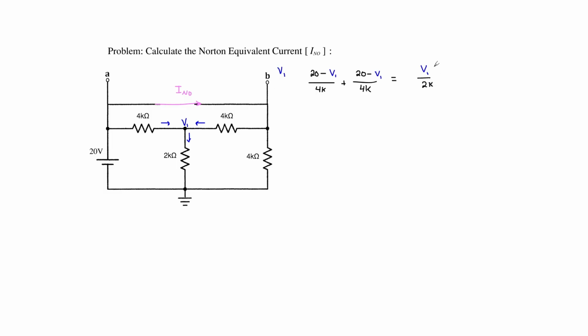It is important to note that this actually is less 0 volts, since this is a ground on the other side of this element. Simplifying and solving, we are able to conclude that our V1 voltage is equal to 10 volts.